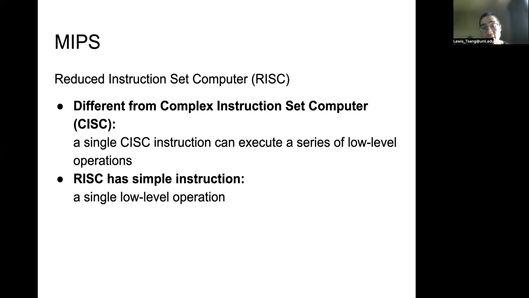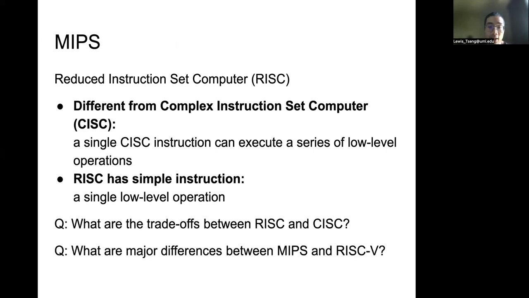The difference is that for RISC, each instruction supports only a single low-level operation that maps to how the hardware executes. On the other side, in a complex instruction set computer, a single instruction may need to execute a series of multiple steps, multiple operations. Okay?